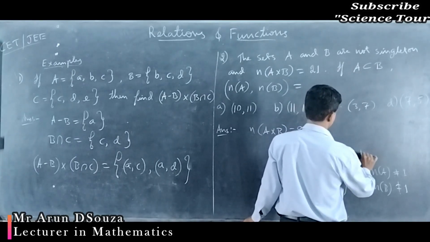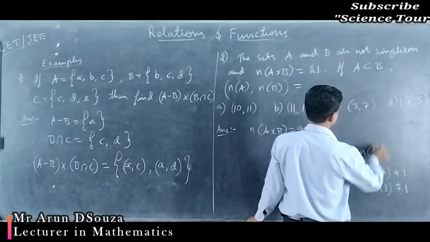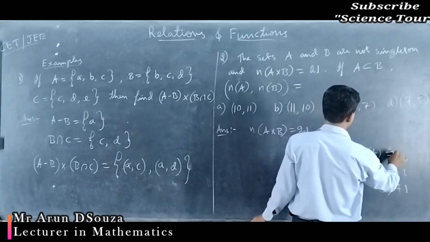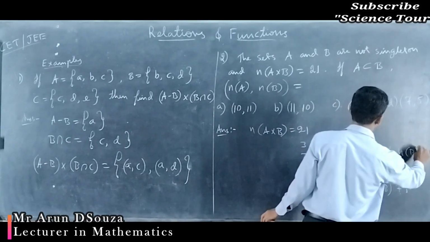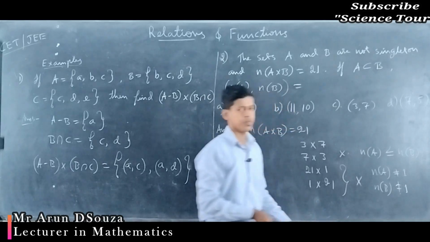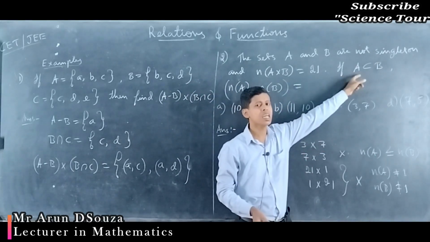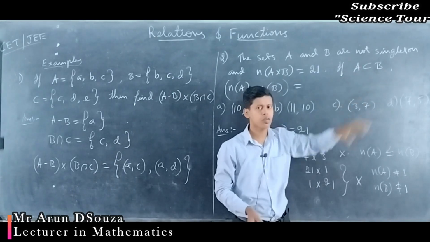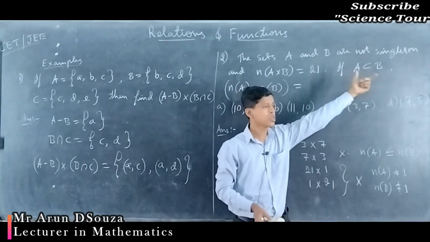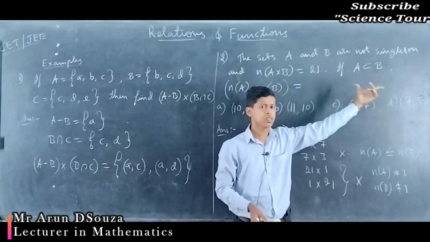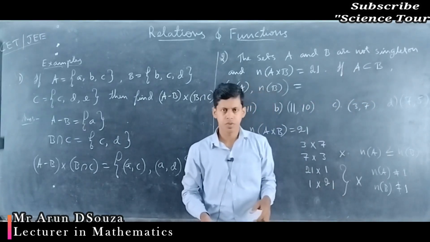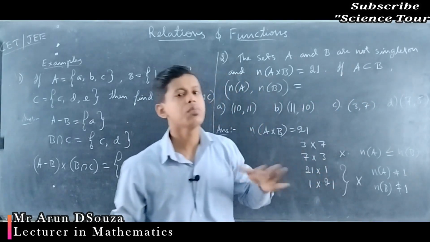Because the number of elements in A must be less than or equal to the number of elements in B. So A should have fewer elements, because it's a subset of B. All the elements are found in B, but not all the elements of B are found in A. B is the bigger set, B has some extra elements.